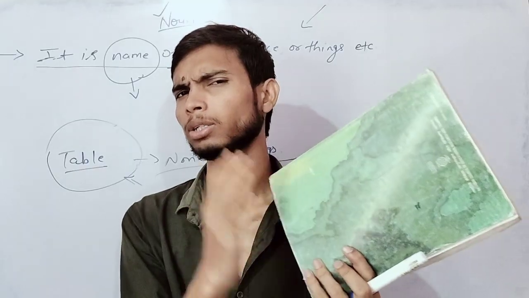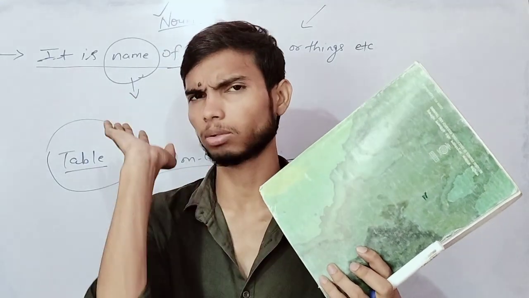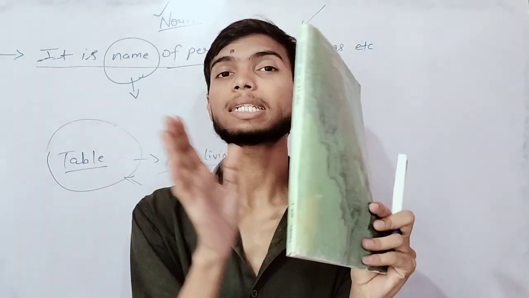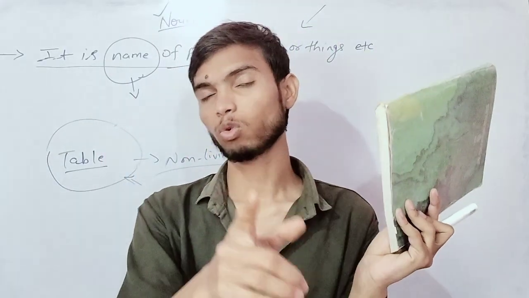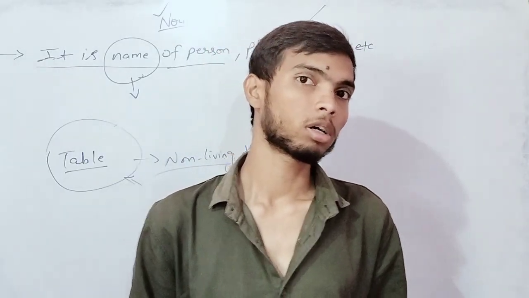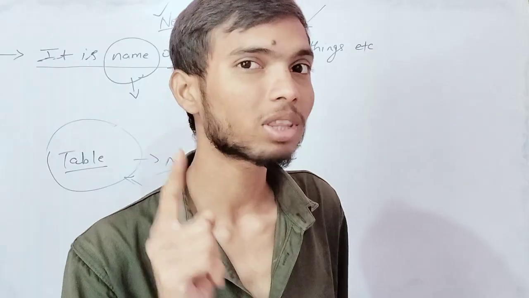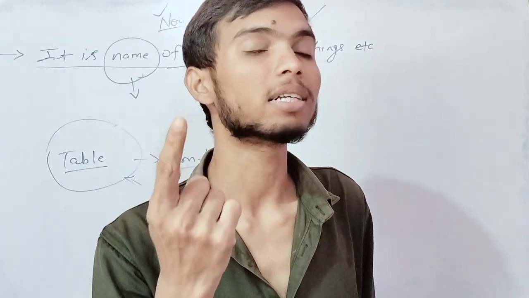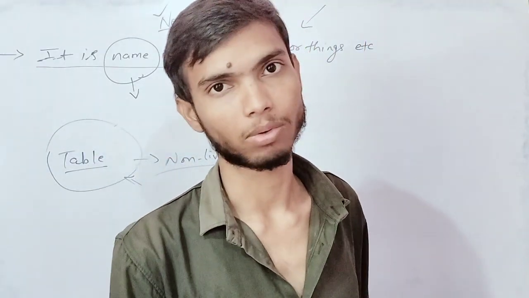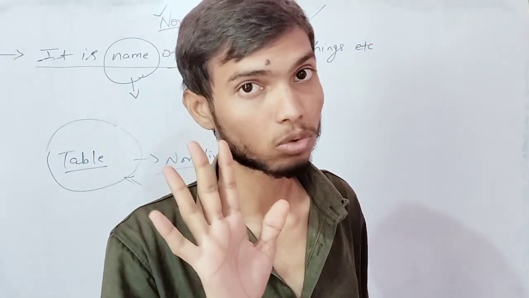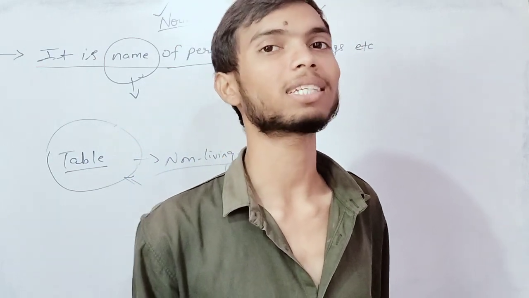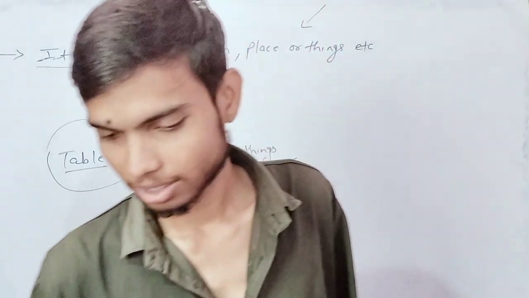This is a thing. But question is, what is the name of this? Now you would say, name of this is book. If you know name of a thing, then you can consider name of that material as a noun. Clear? So here you can take things, but name of that thing is what? Okay. Clear?